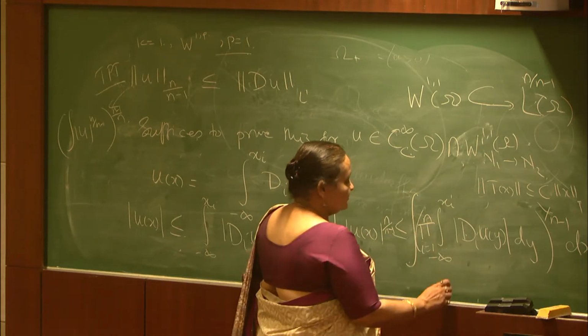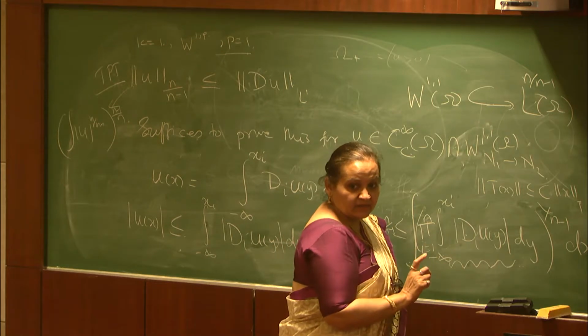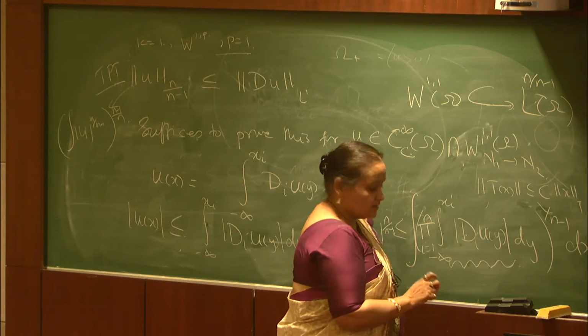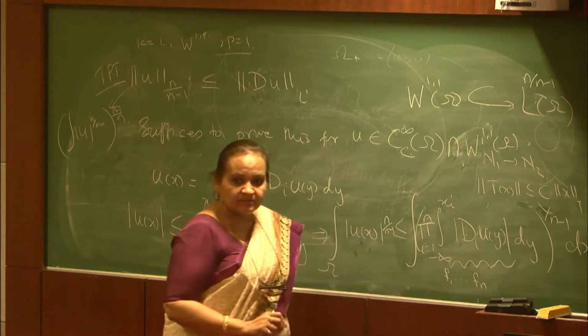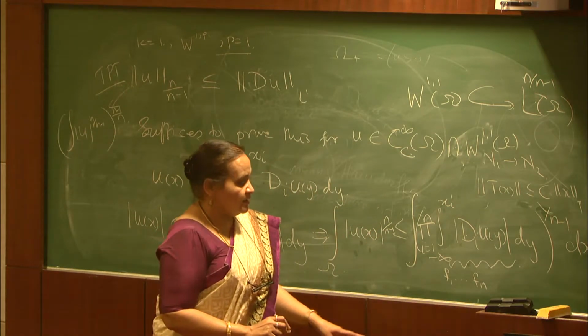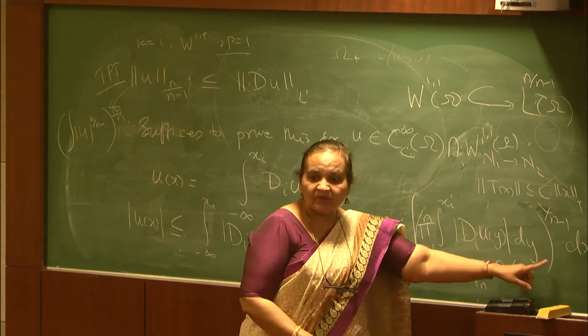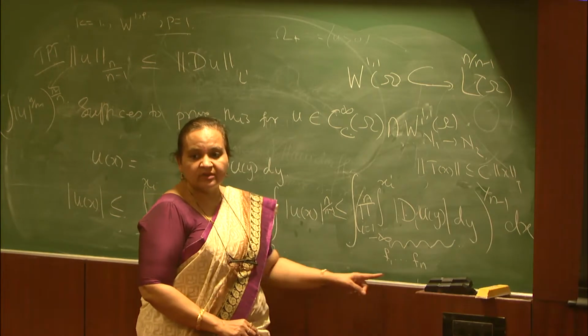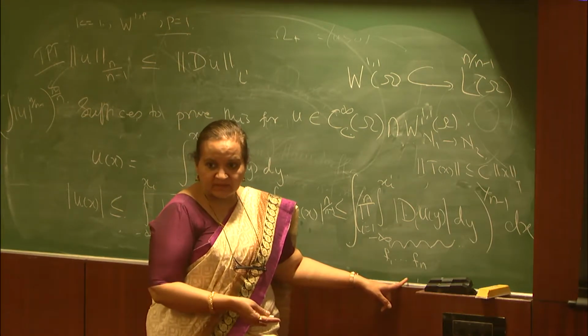So these are individual functions, and these are a product of n functions. You can think of it as f1 to fn, a product of n functions, and I'm taking the integral with respect to dx. What I can do is apply Holder's inequality and separate it. That is the next step.